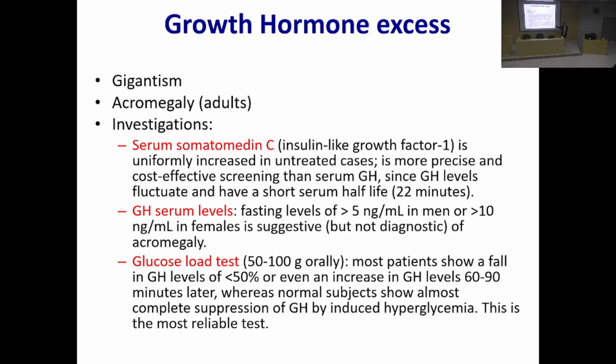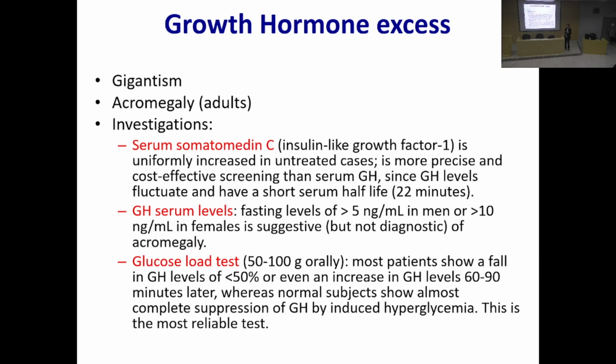Because in this case, I have growth hormone excess. So what will I do? The natural thing is I'm trying to suppress. There are a number of ways in which we can achieve that. Glucose is known to suppress levels of growth hormone.